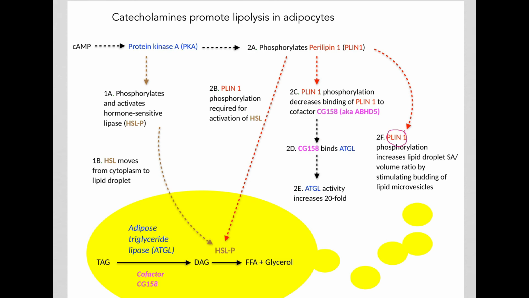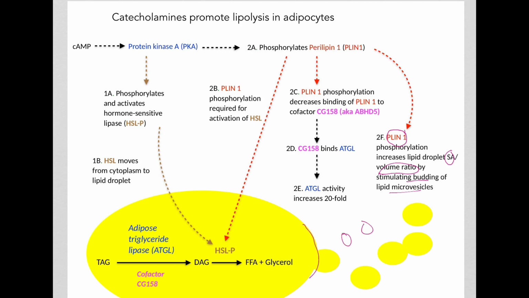Phosphorylated PLIN1 also does another thing. It increases the budding of lipid microvesicles, and that will increase the surface area to volume ratio. So instead of having one large droplet, we have many small droplets.